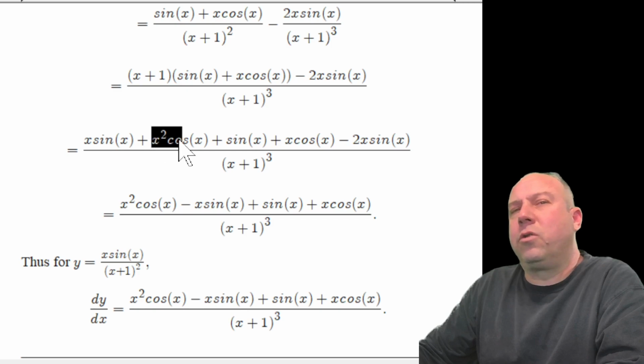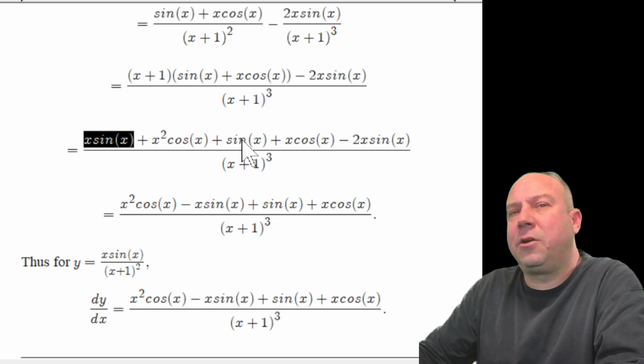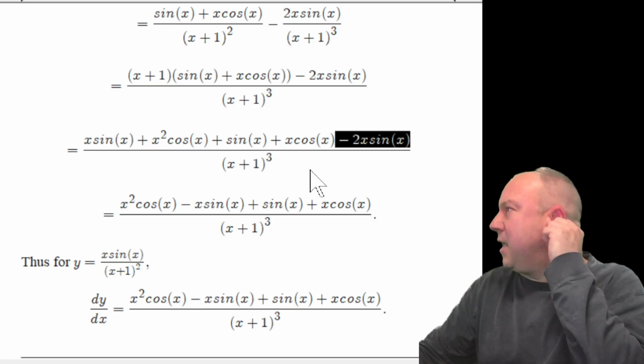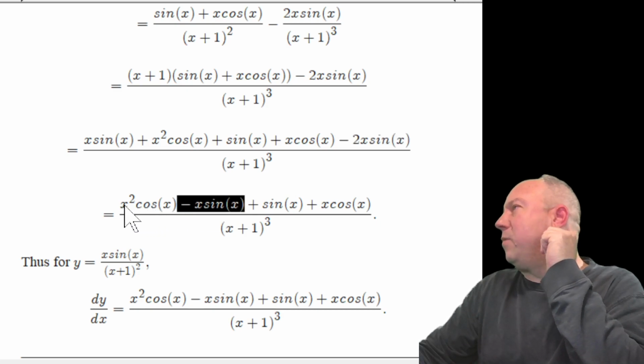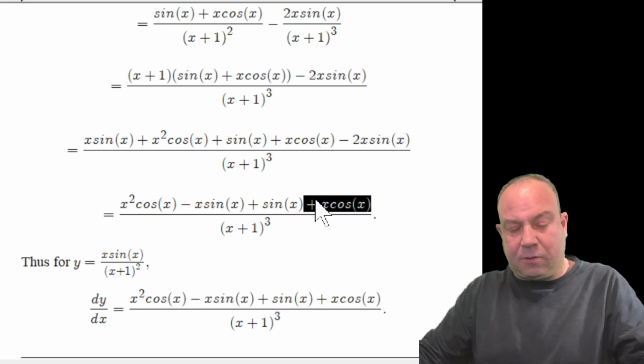And I went ahead and reordered it with the x squared in the lead, x squared cosine x minus this x sine x when we take the difference of these two like terms, the x sine x and the negative 2x sine x. Those are the only like terms. I'll take those away from the x squared cosine x, and then I'll add on those terms given by, maybe I should just move this one up because that is an x term.